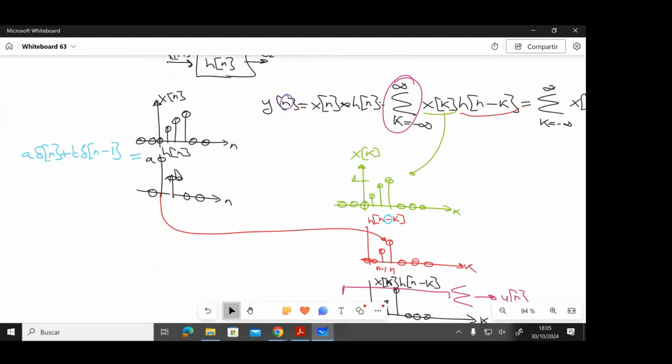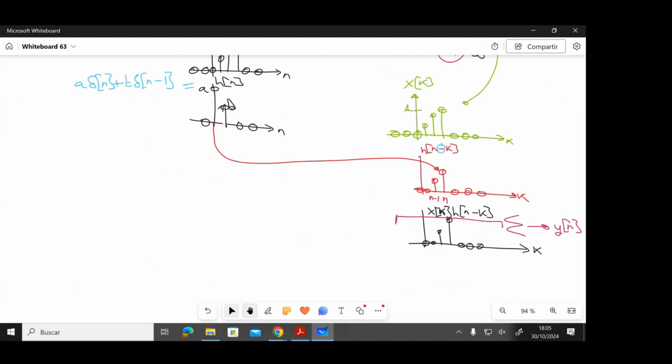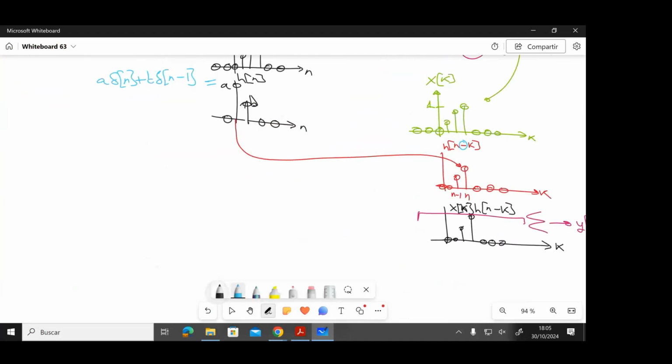So when I compute the convolution, I want to convolve x of n with h. And this is x of n convolved with a delta n plus b delta n minus 1.